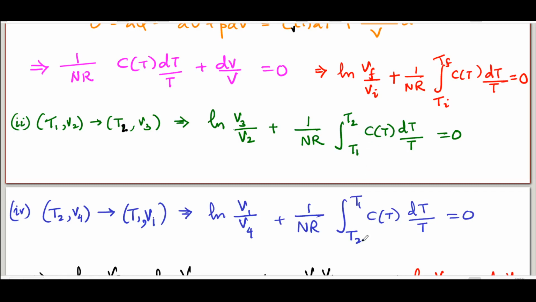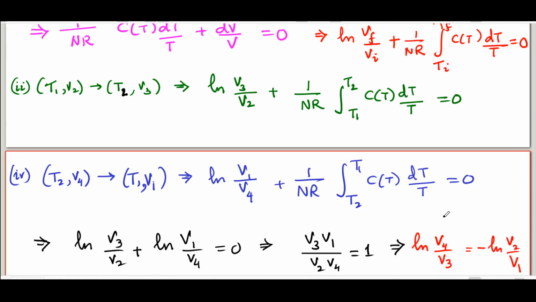So when you add these two together, irrespective of whatever C of T is, they will just cancel each other out. So adding this equation with this one immediately gives me log of V3 by V2 plus log of V1 by V4 is 0, which essentially means V3 V1 by V2 V4 is 1. And that gives me the same result as we had before.